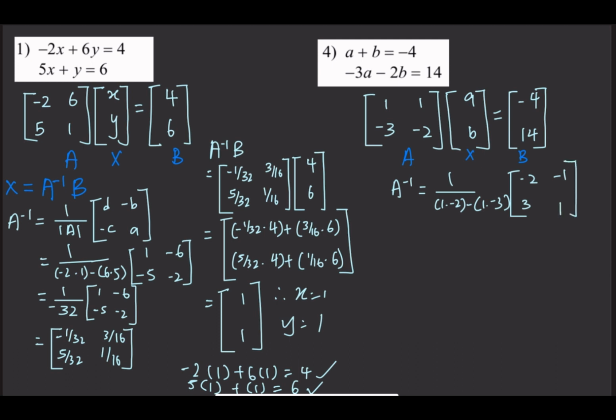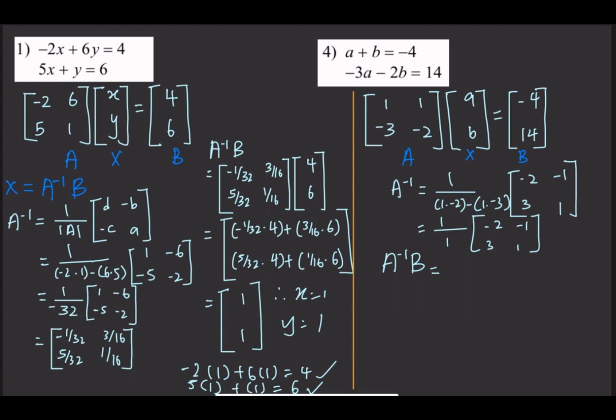Okay, let's go. 1 over 1, negative 2, negative 1, 3, 1. And therefore, your A inverse times B. In this case, let me try to partition, just in case you don't get confused.